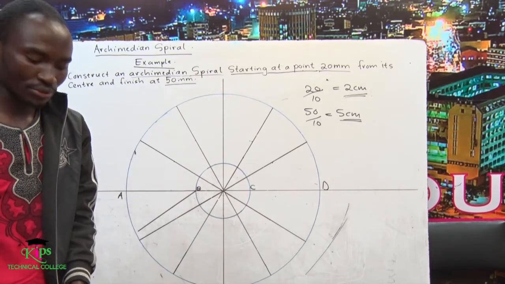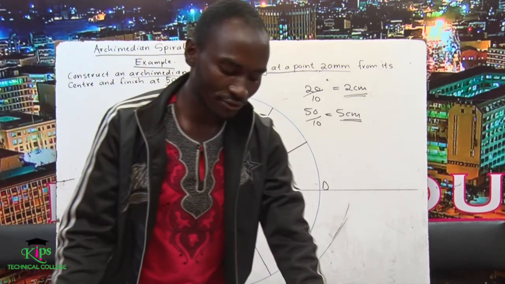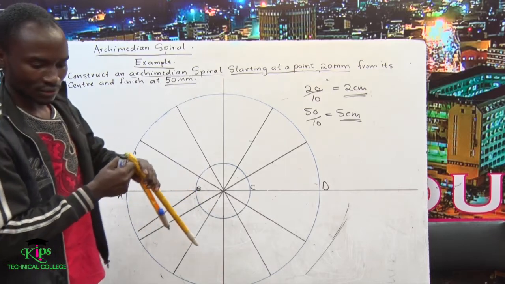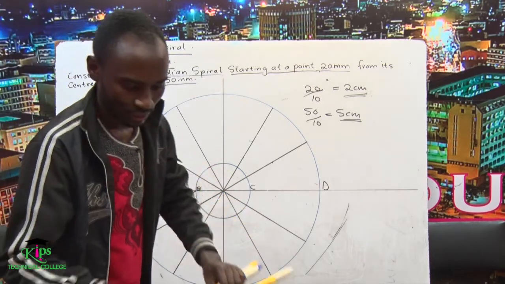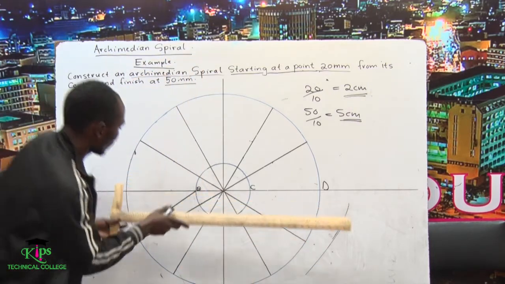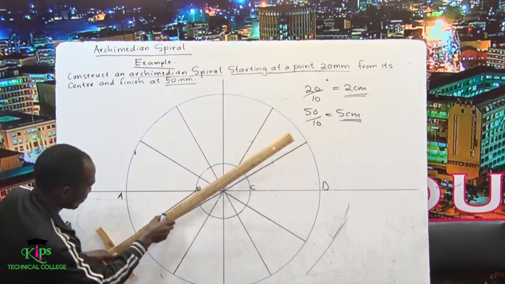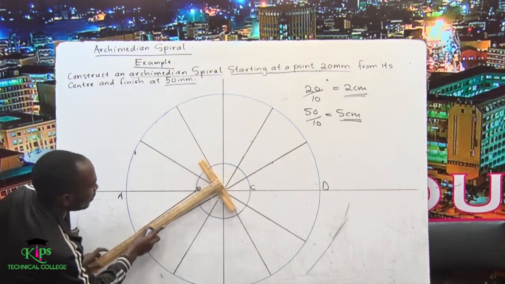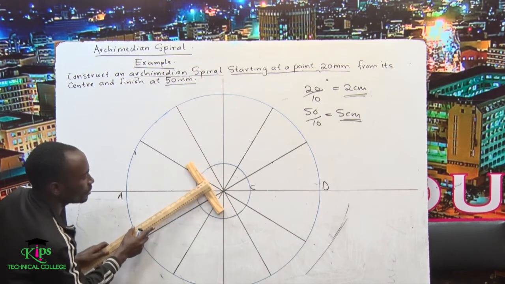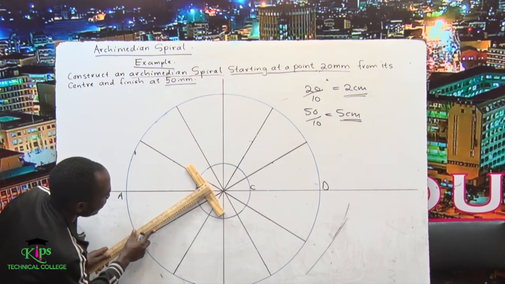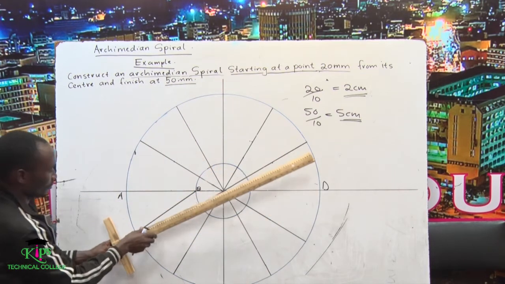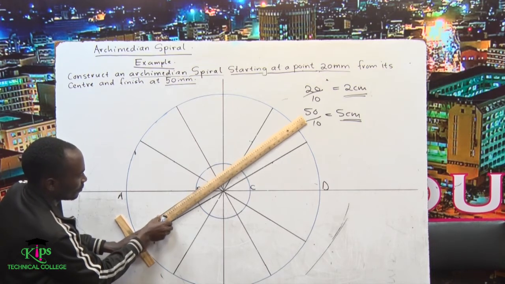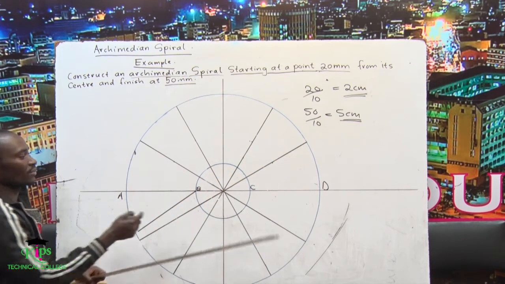So now, what do you do? So with the pair of your compass, take your compass. You can as well use a ruler. Should divide it into 12 equal parts. Yes, so this is the line.